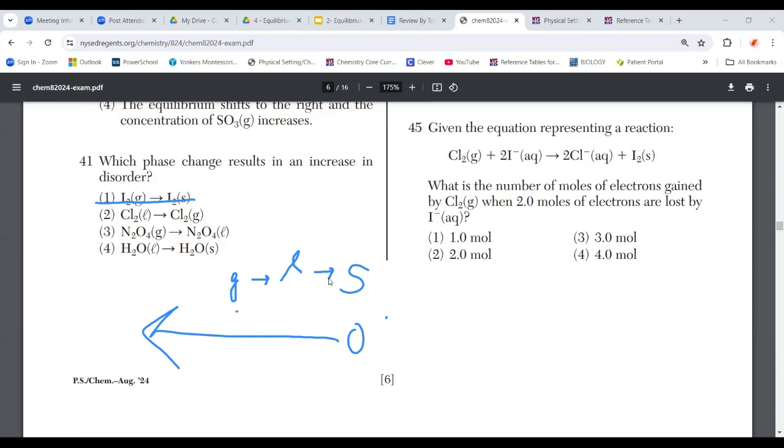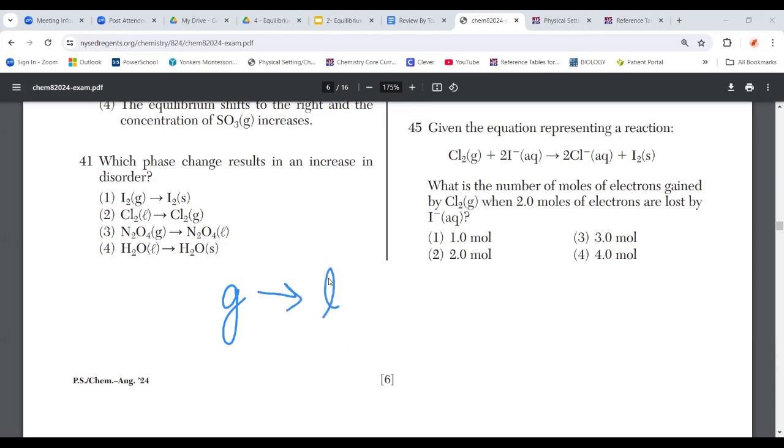I should draw this arrow a different way. Okay, high entropy, low entropy. Let's say it this way.